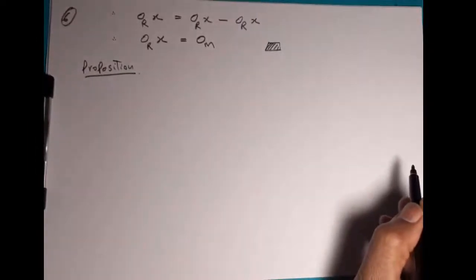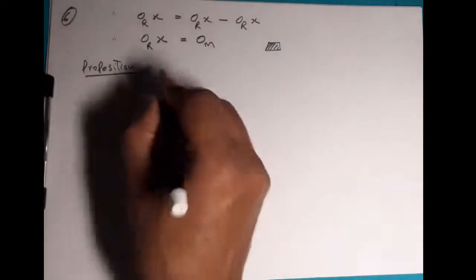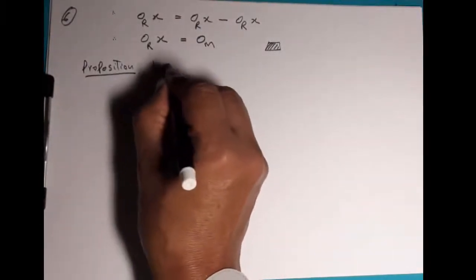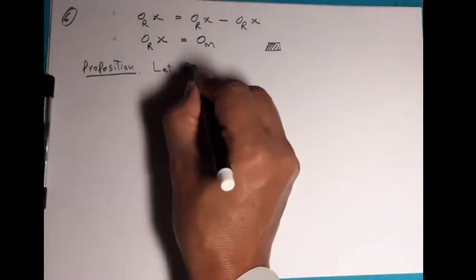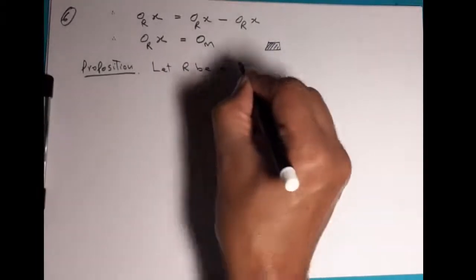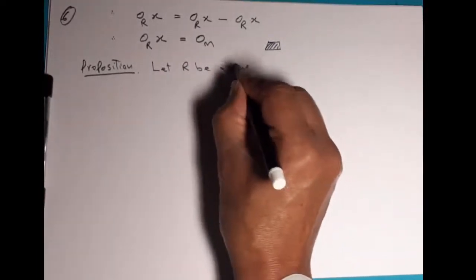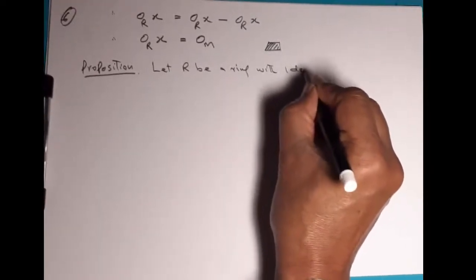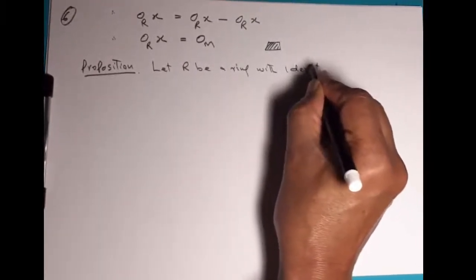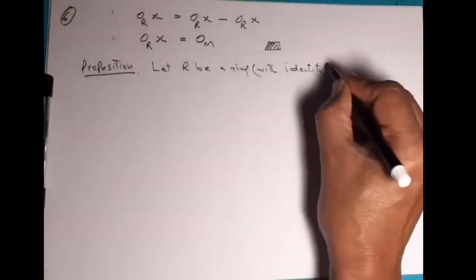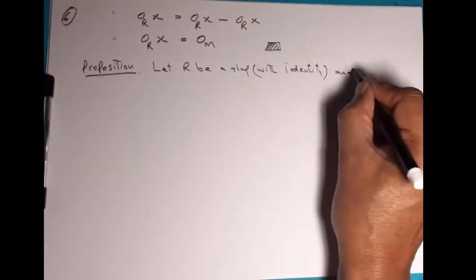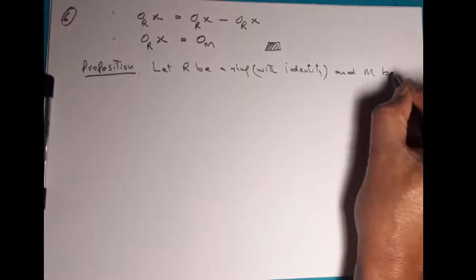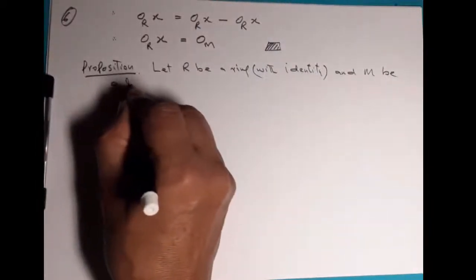Let R be a ring with identity and M be a left R module.